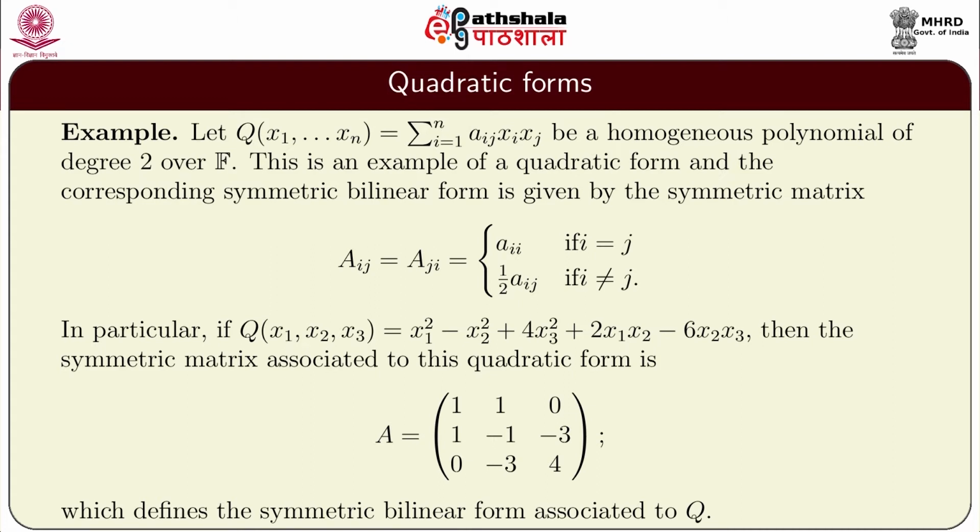And you can see that the principal diagonal entries of the matrix A are nothing but the coefficients of x1 square, that is x1 x1, then x2 square, that is x2 x2, and x3 square, that is x3 x3, and the off diagonal entries are read as follows.